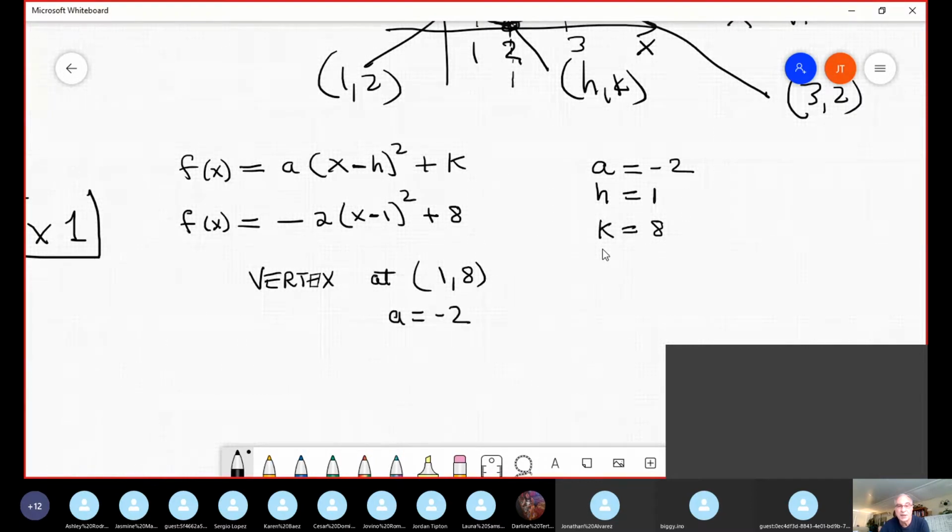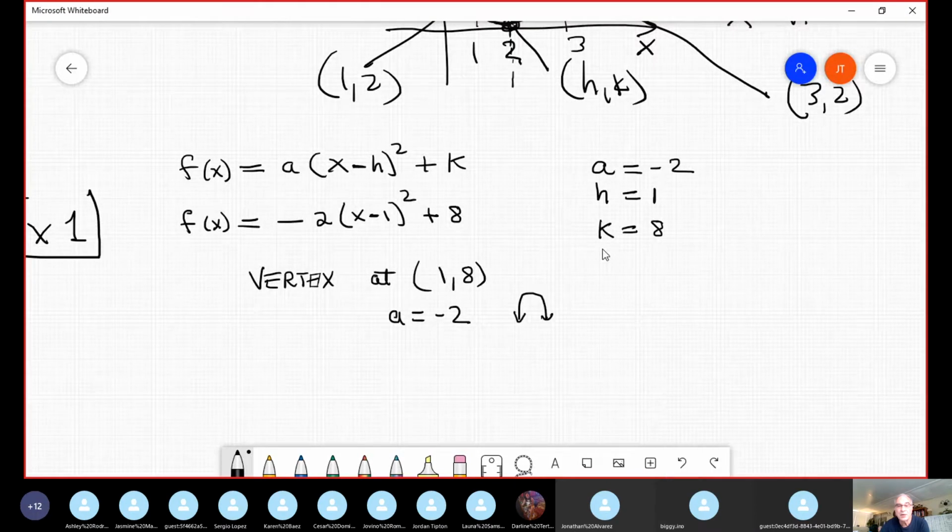When A is negative, I know that my parabola opens down. Super, this is super easy to understand. Everyone understands very well. Okay. So, in my opinion, the vertex form is fantastic to discover the vertex and to discover in what direction it opens.